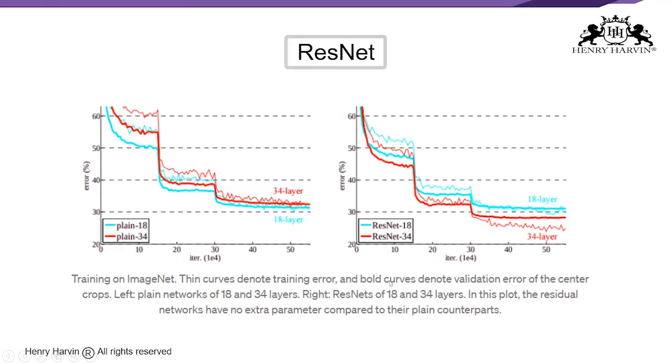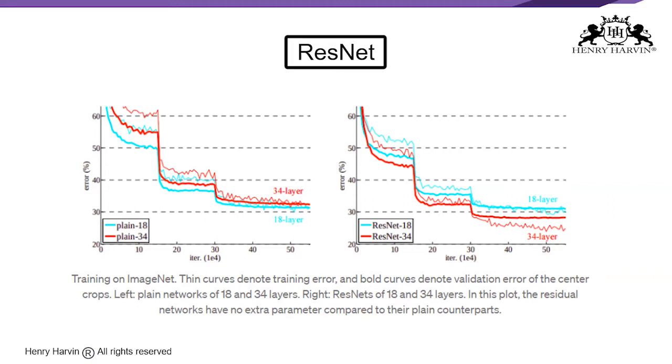And this is very clear to us, which stands for the training error and which stands for the validation error, right? So you can see some error percentage drop over here. The most interesting thing is that using residual networks, we will be able to use deep networks. So this is the understanding about residual networks.